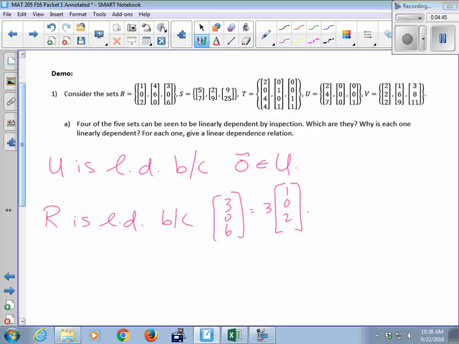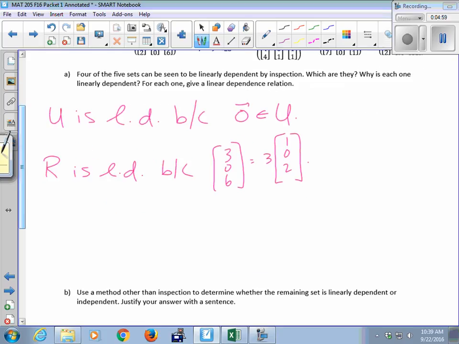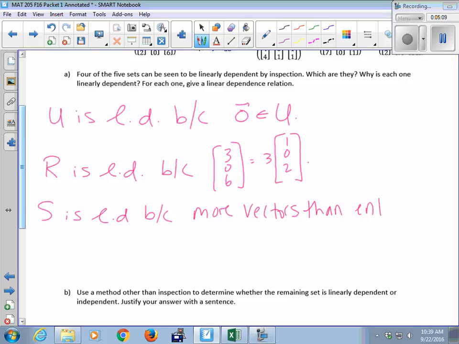All right, what's another way? More vectors than entries. Do any of the sets have that property? S. More vectors than entries.